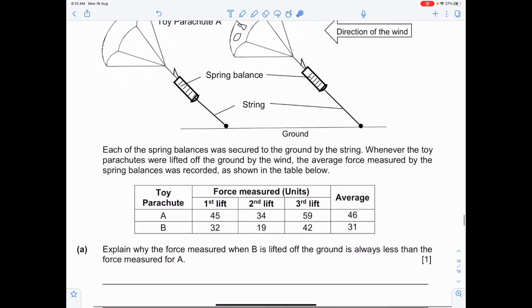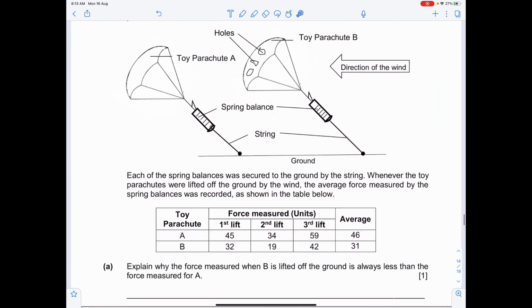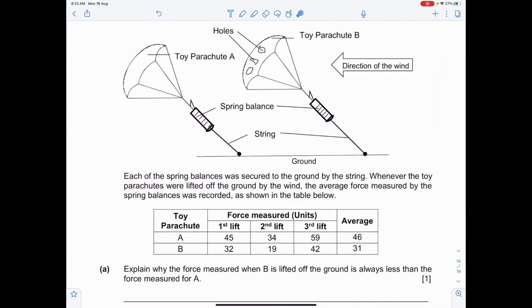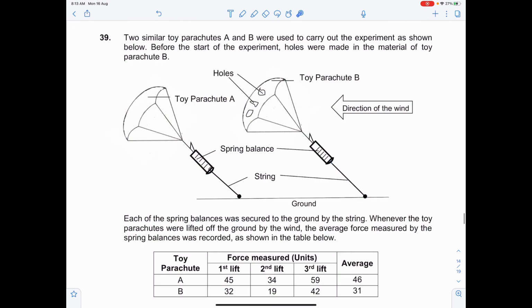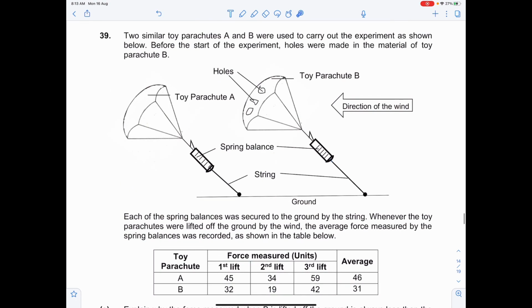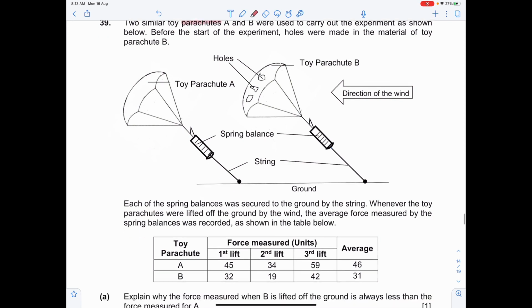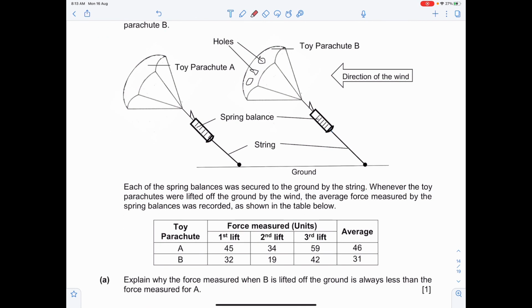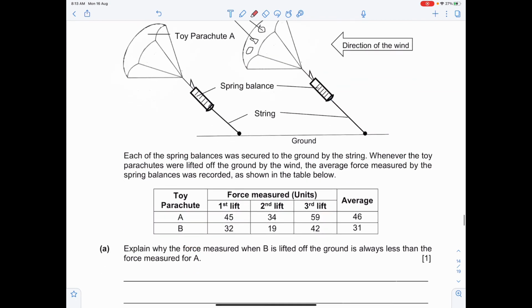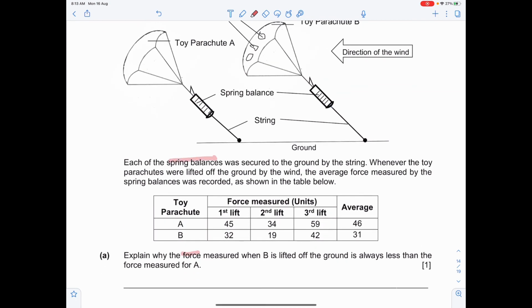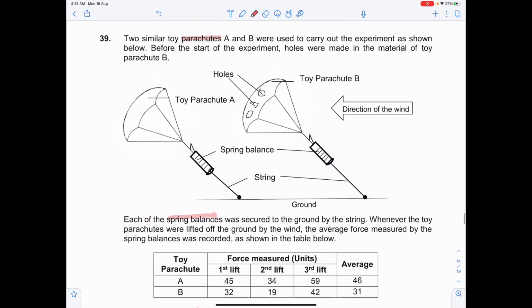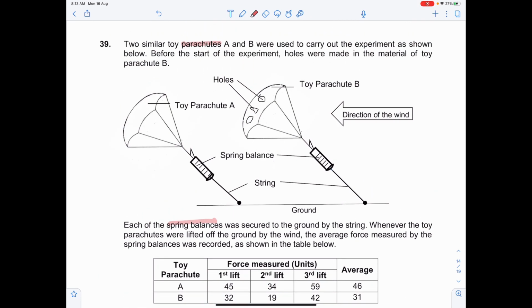So we're talking about forces in this case. This should come quite familiar to some. When you look at this, you see the word parachute, you see the word force somewhere, you see the words spring balances. This hints that this question is probably testing you on the topic of forces.